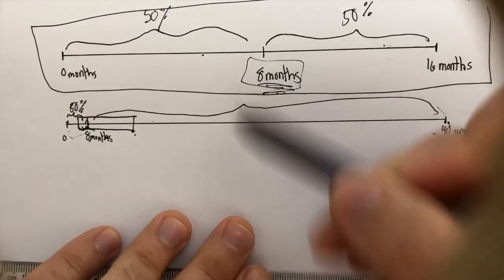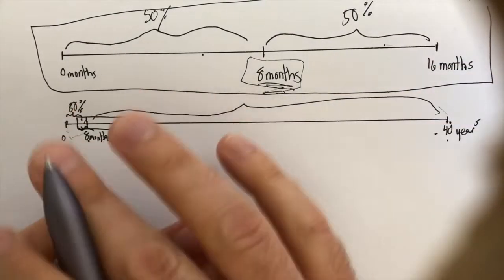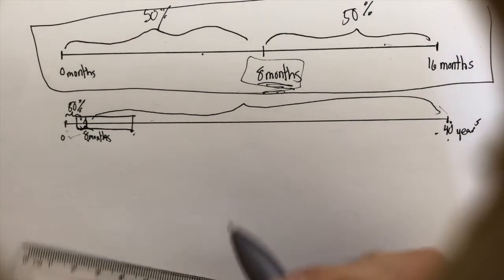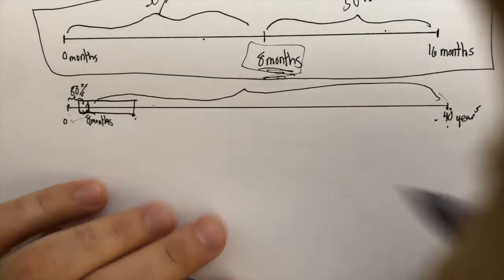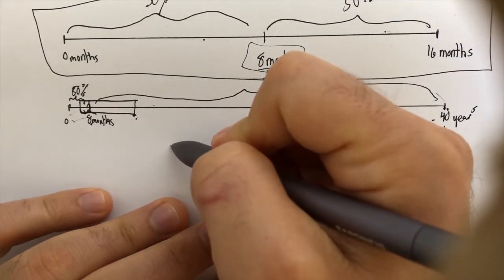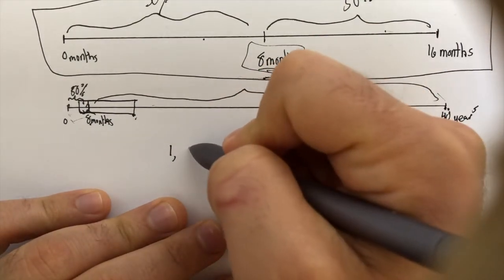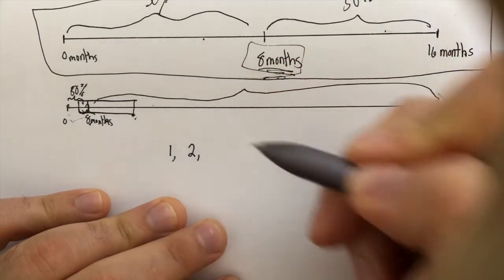So let me try to explain this numerically. For the study that was done with mesothelioma, there were thousands of cases probably. I'm going to show this with just like 5 numbers. So let's say one person gets diagnosed and they die 1 month later. Another person gets diagnosed, they die 2 months later.